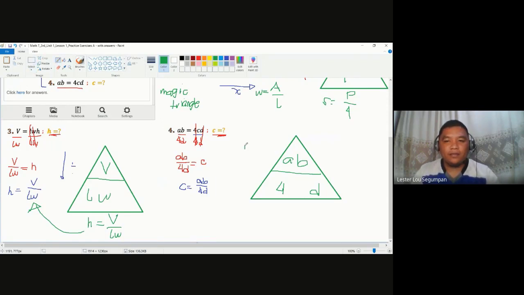So from top to bottom, we will use division. Since AB is multiplication, we simply copy that one. So C is equal to AB over, as a reminder, from left to right, we will use multiplication. So we simply multiply 4 and D, which will actually result to 4D.